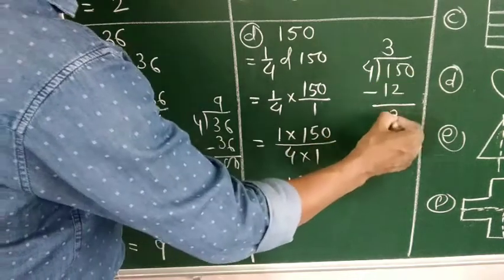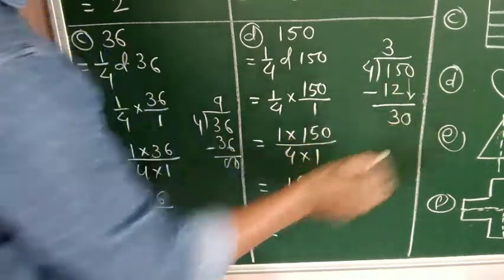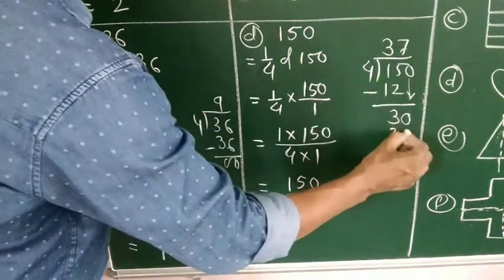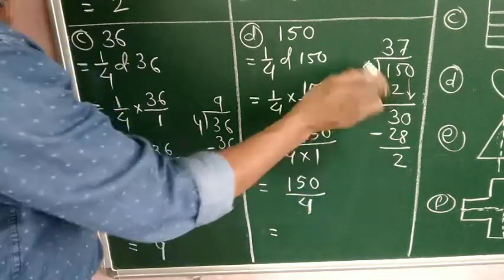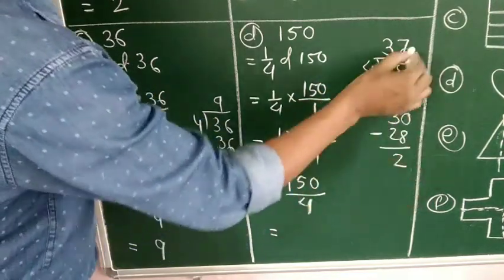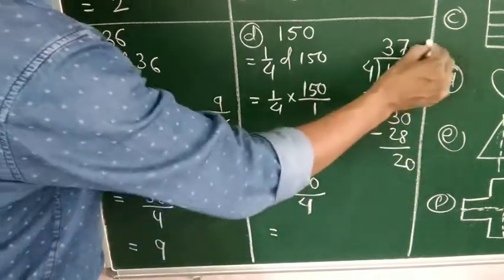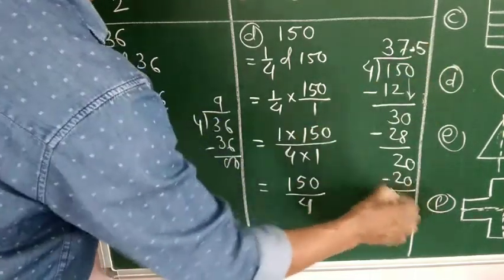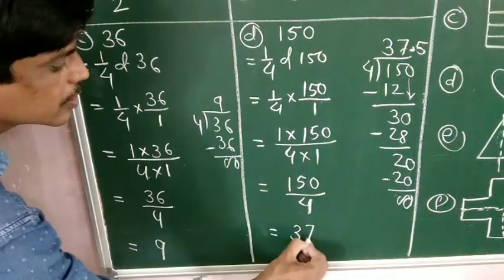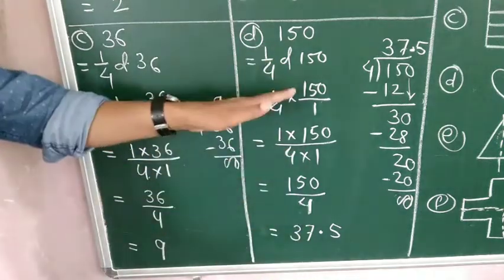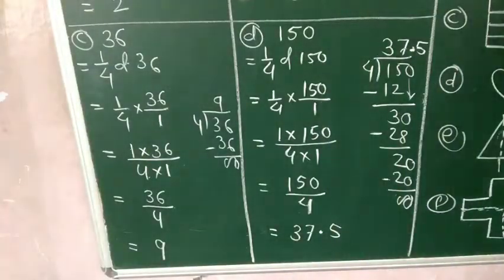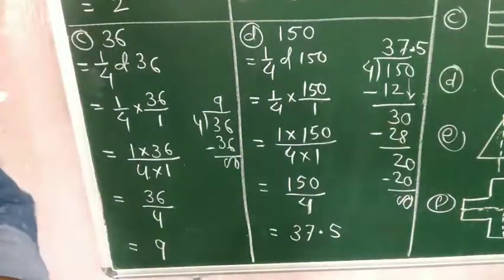Now 15 minus 12 is 3. Then you put 0, it is 30. And now 4 sevens are 28. Now it is 30 minus 28, 2. Now we cannot divide 2 by 4, so we put the decimal point and 0 here, it is 20. And now 4 fives are 20. So our answer is 37.5, means 37 and a half. The 37 and a half is the quarter part of 150. So this way we can find out the quarter of different numbers.